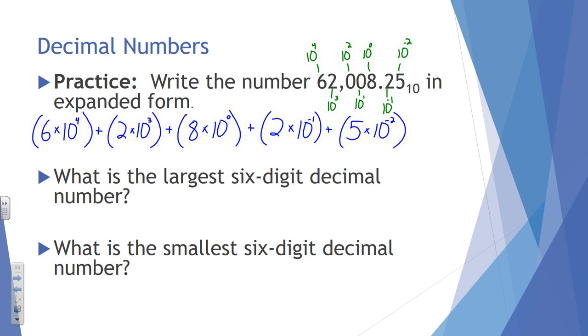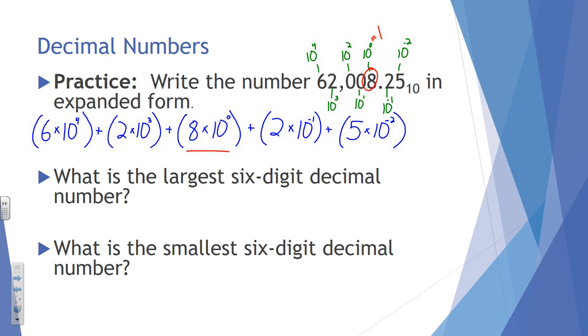And there's our number in expanded form. Be careful here. This is the easy place to make a mistake. A lot of times it's tempting to say that that 8 is the 10 to the 1 place because it's the first digit. But again, since that's a ones place, it has to be 10 to the 0 power, which is equal to 1, or the ones place.